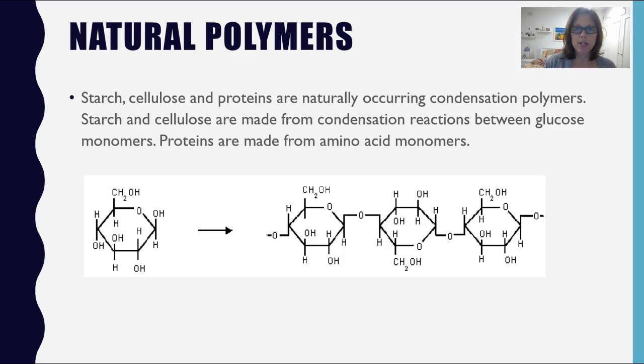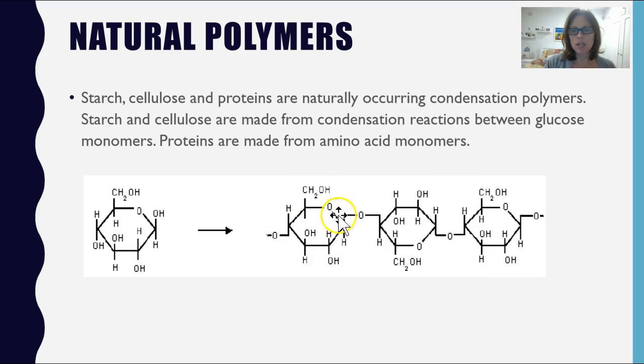We talked about these natural polymers right at the beginning, such as cellulose, proteins and so forth. Starch, cellulose and proteins are naturally occurring condensation polymers, and they're made from glucose monomers. As you can see in this diagram, our glucose monomer is repeated over and over again.